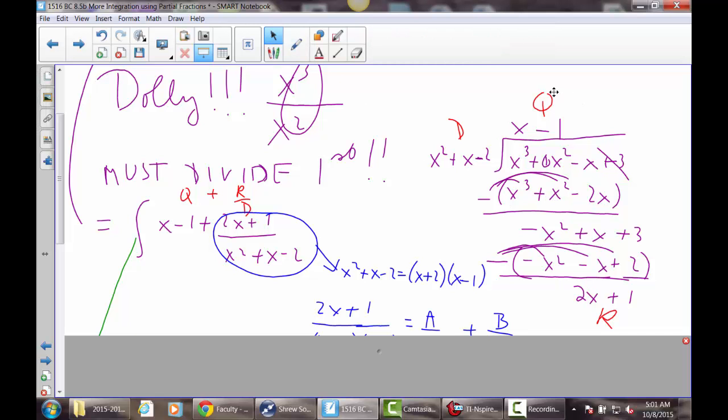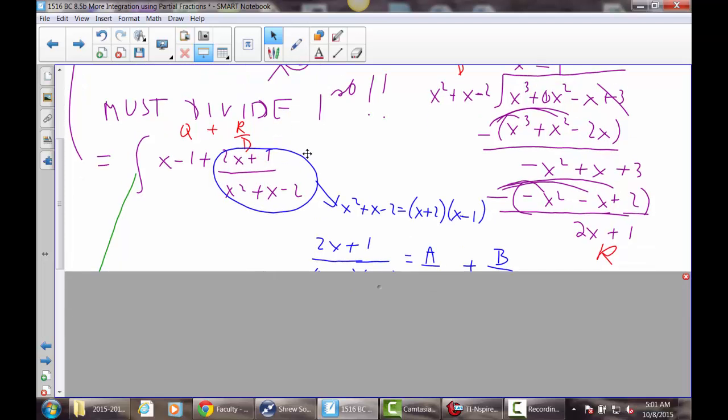So when you finish dividing, your quotient is x minus 1. Your remainder is 2x plus 1. So remember, it's quotient plus remainder over divisor, and there's your divisor. Now, this fraction has to be done by partial fractions. The degree of the top is less than the degree of the bottom. So separately over here, if I just do that, the denominator factors into this.